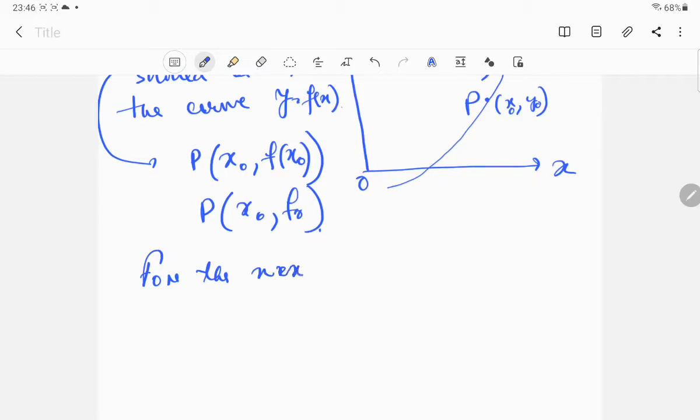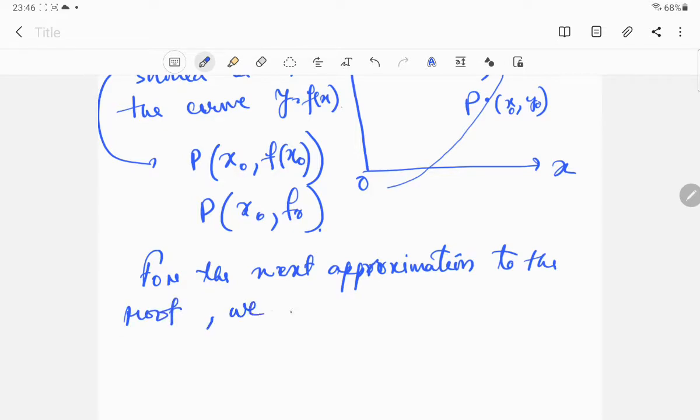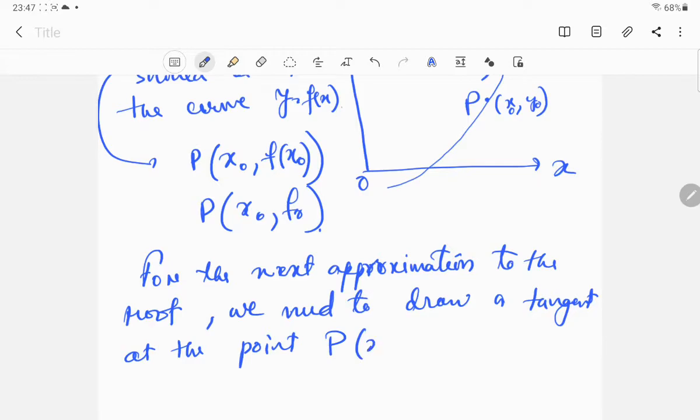For the next approximation to the root, we need to draw a tangent at the point P(x naught, f naught) with an intersection.